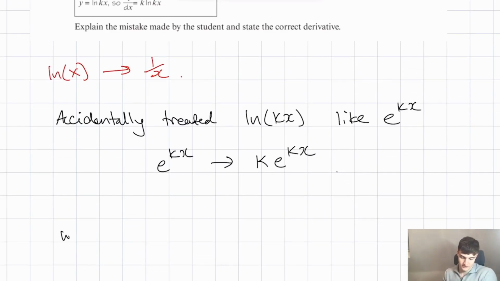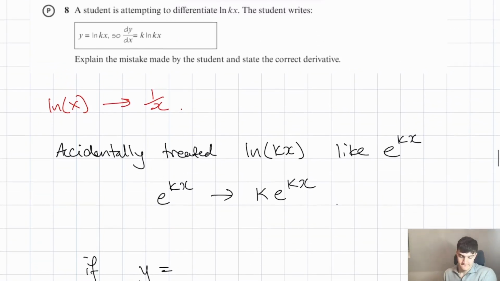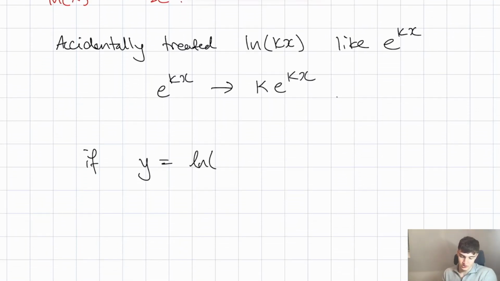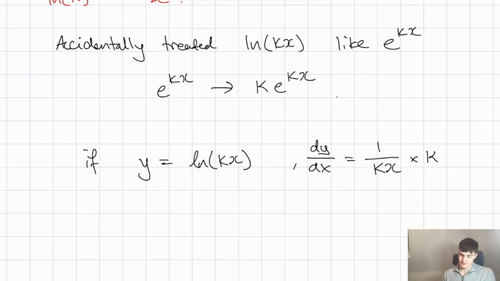Well, if y is equal to the natural log of kx, then dy by dx is equal to, we can use the chain rule. So it's 1 over the argument, times by the derivative of the argument. And the derivative of kx with respect to x is just k. So that just gives us 1 over x.